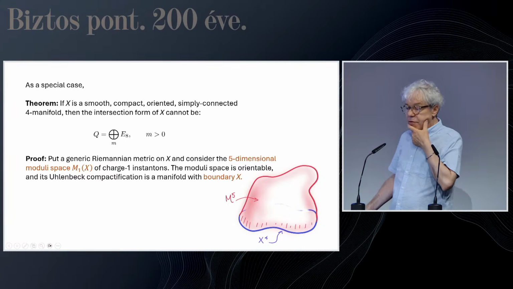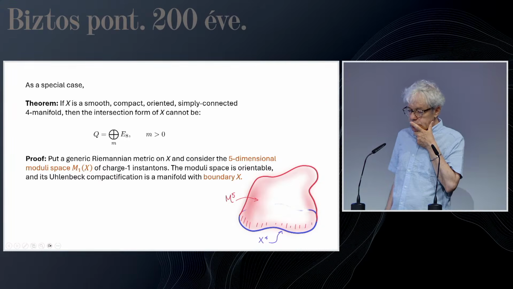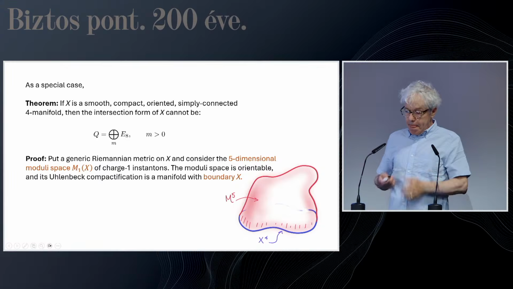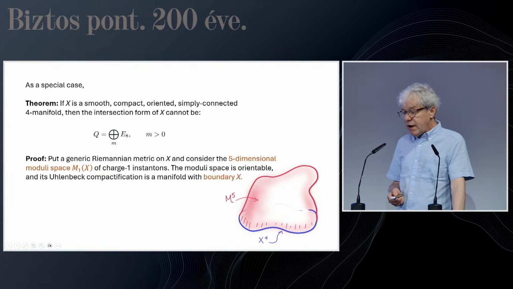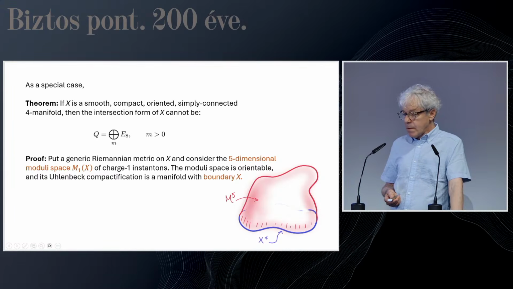This is a sketch of the proof, not quite in historical context, but perhaps a modern rephrasing of it. We put a generic Riemannian metric on the four-manifold, and we consider the moduli space of charge 1 instanton solutions. From the Atiyah-Hitchin-Singer paper, we know this is a 5-dimensional manifold.